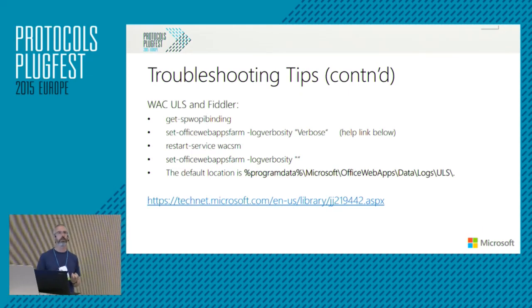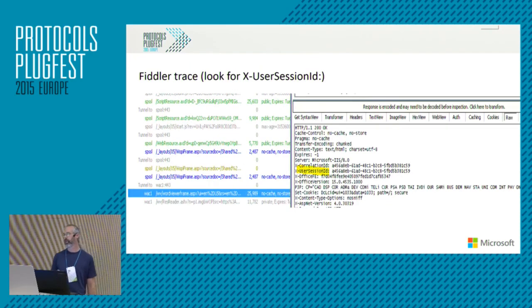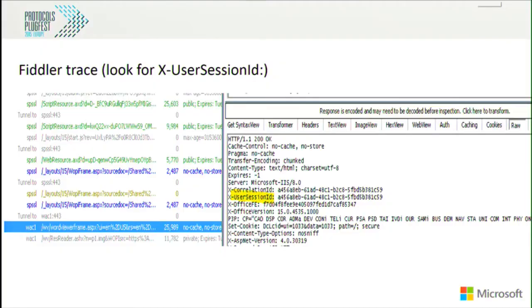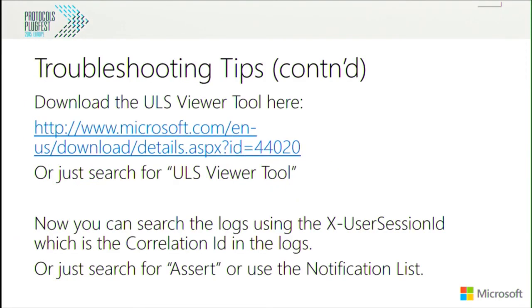You can turn on ULS logging, which is available in SharePoint and the web app server. So if it's not opening in Word Online and you have access to an on-prem web app server, you can turn on this logging with just these few commands, and there's a reference to the article on TechNet. Correlate using a Fiddler trace, because this is all Word's web app code, correlate that with the user session ID, and then there's a ULS viewer tool, which is very handy.